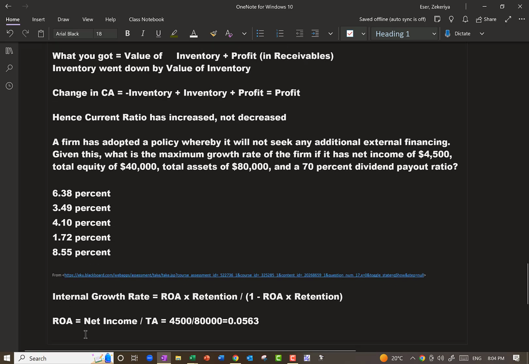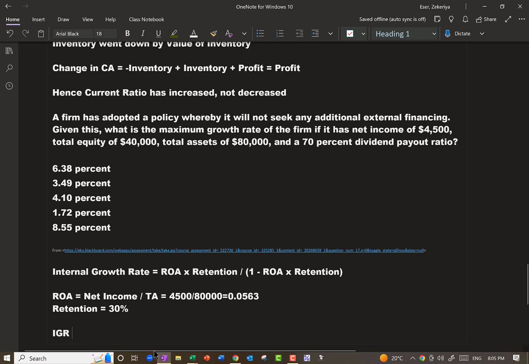How about retention ratio? You should immediately see the answer if you're paying attention. Retention is what you keep, right? So it's 1 minus the dividend payout ratio. So it would be 30%.